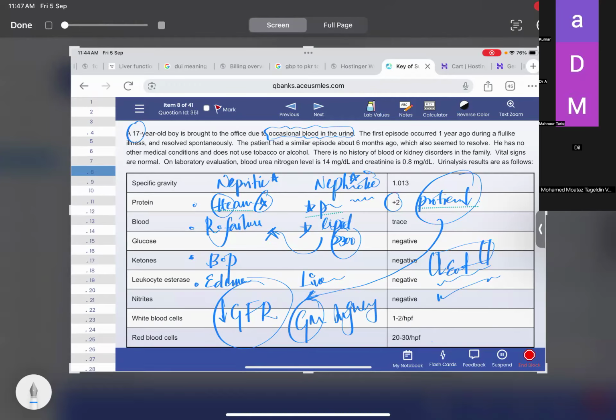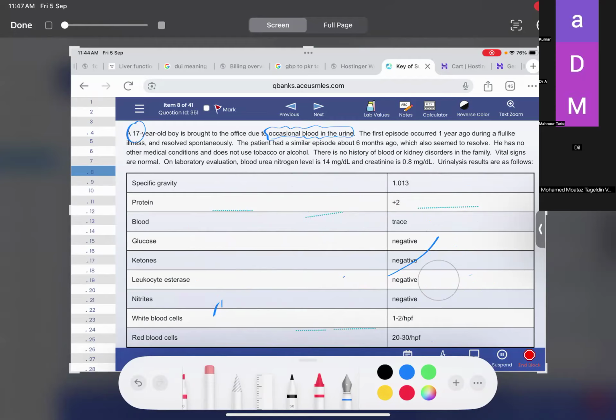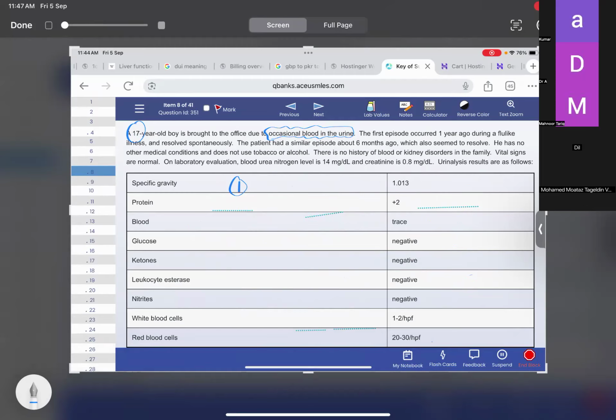So normally the picture of kidney diseases will go from mild to severe, okay? First we will have selective proteinuria, which will be albumin. Then we will have non-selective, where the light chain proteins will also get removed.